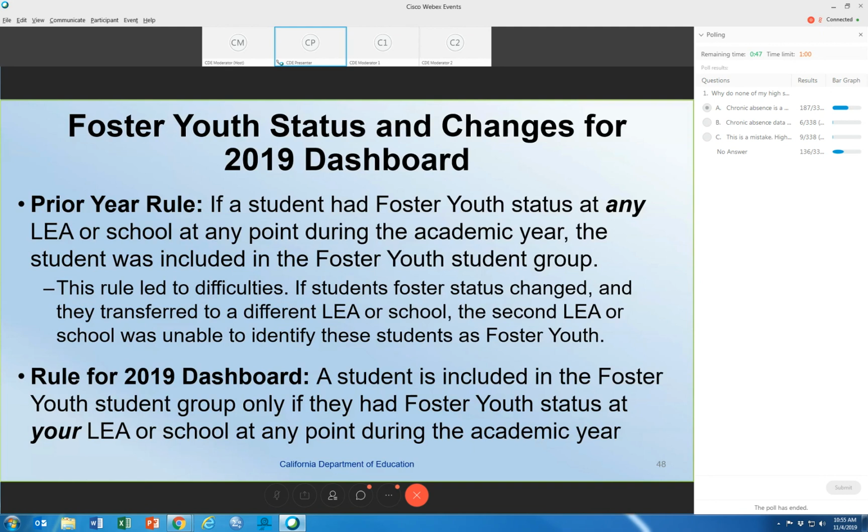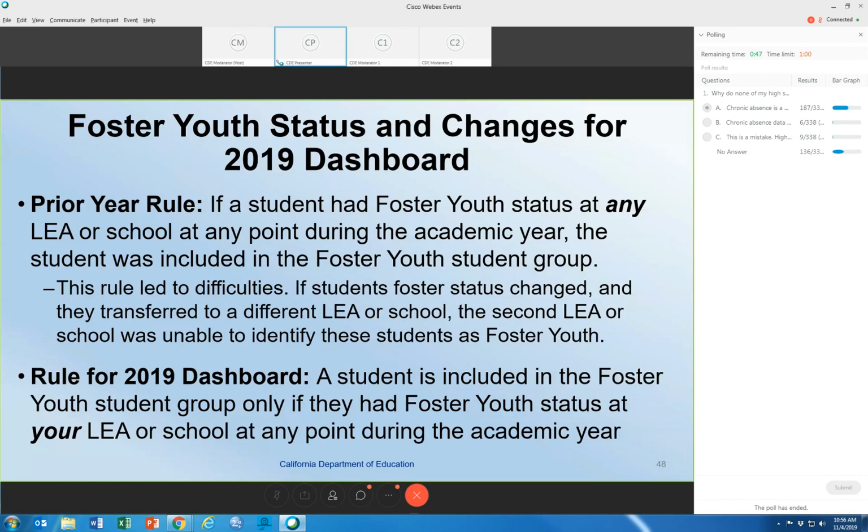If a student has a foster youth status at any LEA or school at any point during the academic year, the student was included in the foster student group for 2018. So that led to some difficulties. If a foster youth changed their status before the student came to their LEA, schools would not know about the previous foster status. So they were unable to identify those students to provide additional services to them.